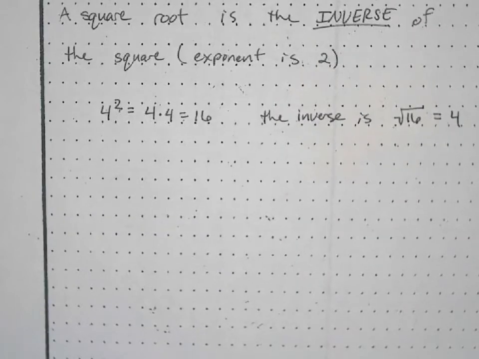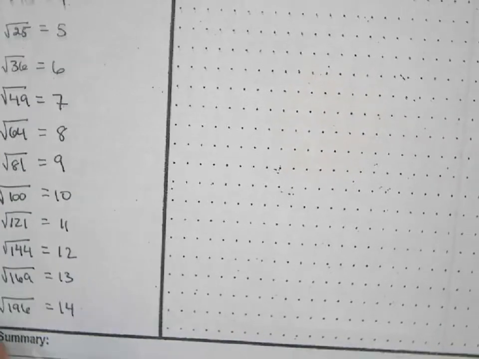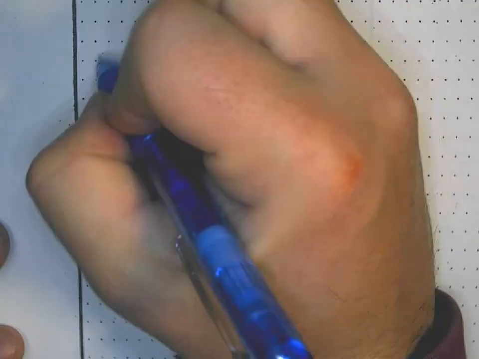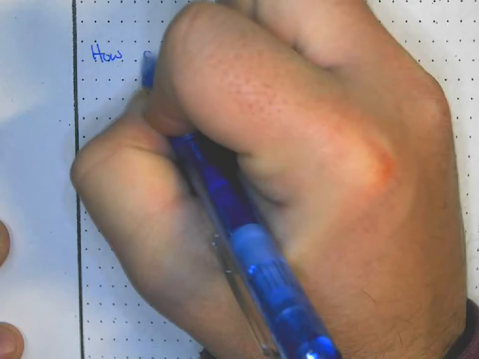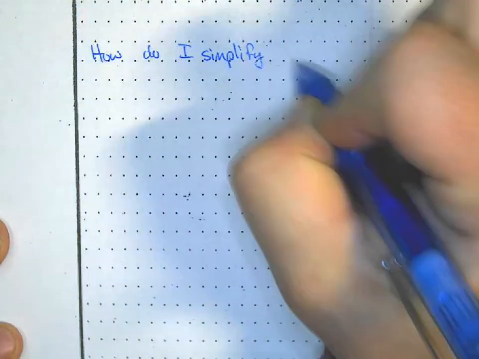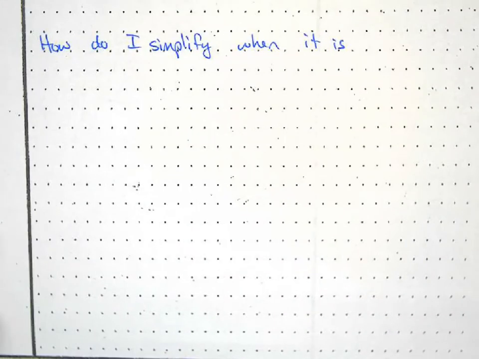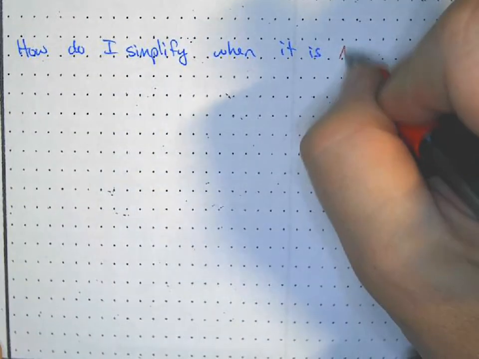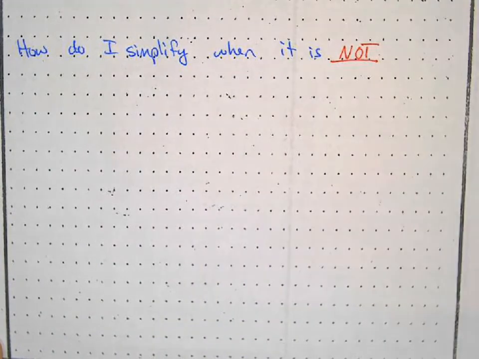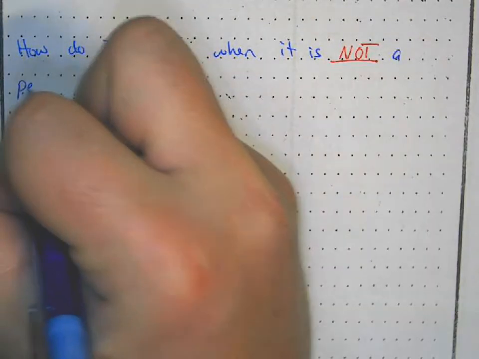Okay, so what if we're not given a perfect square root? Perfect square roots are nice and perfect, so they're easy to simplify. So how do I simplify when it is not a perfect square root?